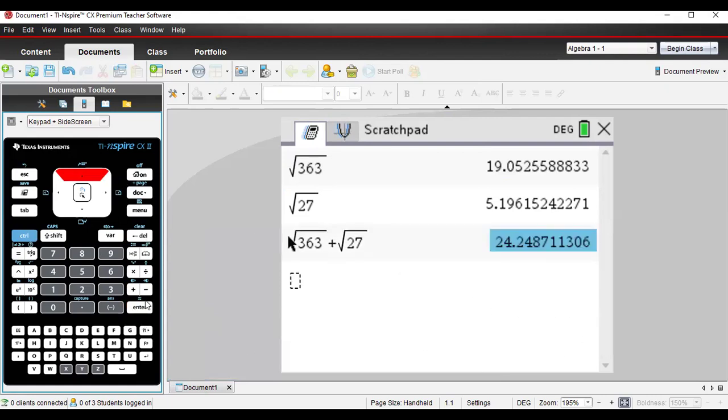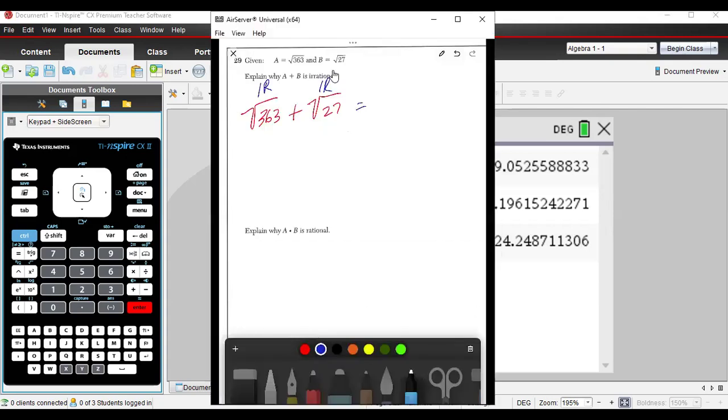This is the number 24.248711305965. There's no pattern here. There is no pattern.